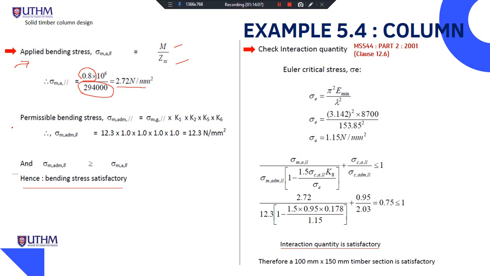Then the fourth calculation is the permissible bending stress, equal to 12.3, by substituting all these values determined earlier into this equation, and then we check that our bending stress is satisfied. So this is the value for the bending case.